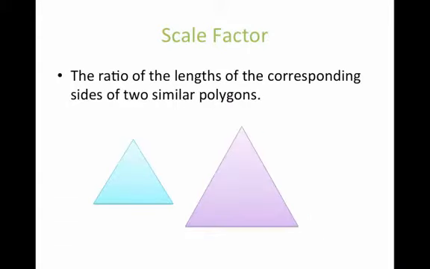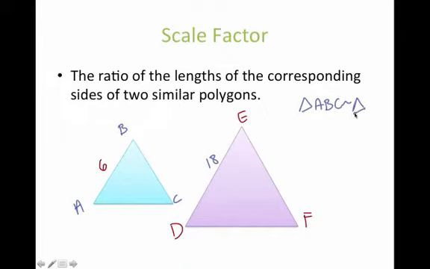So I just talked about the proportions of the corresponding sides and how similar polygons have corresponding sides that are proportional. The ratio of the lengths of those corresponding sides is called the scale factor. A scale factor tells you how much bigger or how much smaller the polygons are to each other. So in this diagram, triangle ABC is similar to triangle DEF. That means that all the corresponding angles are congruent.